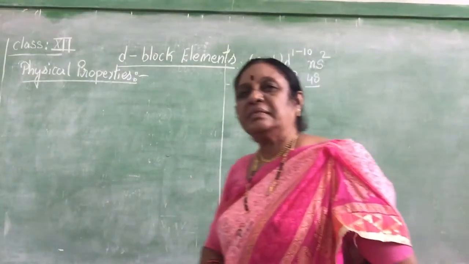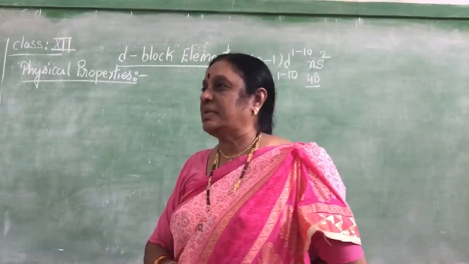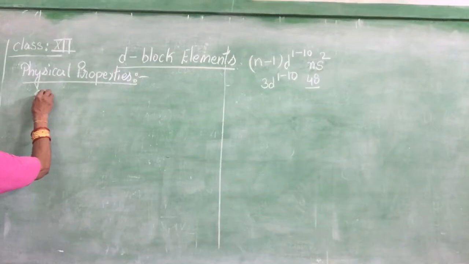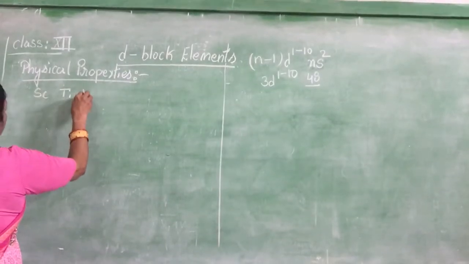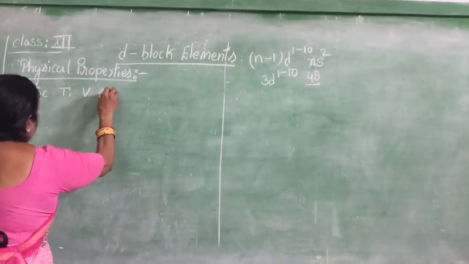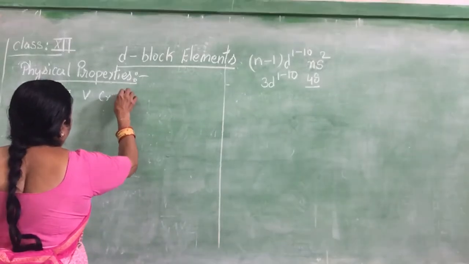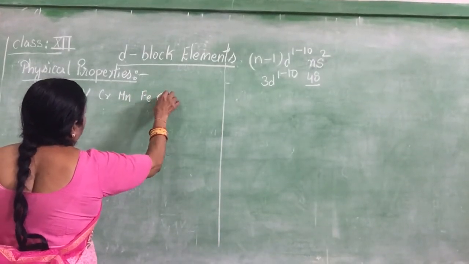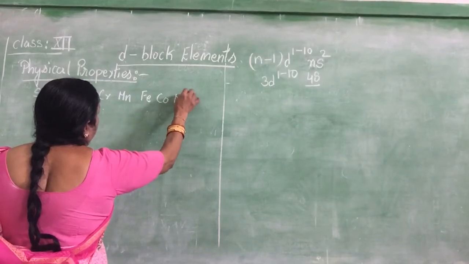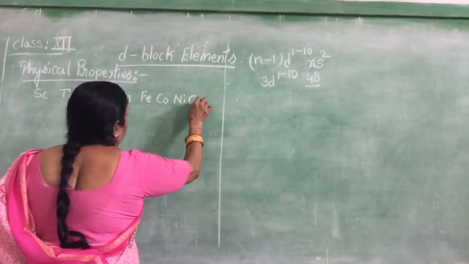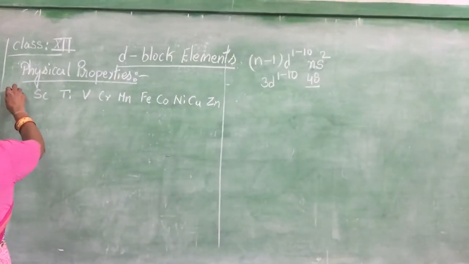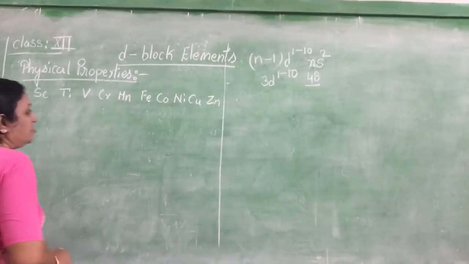Now next today let us discuss ionic and atomic size. Now as we are moving from scandium, titanium, vanadium, chromium, then manganese, iron, cobalt, nickel, copper and zinc in the first series of the transition elements.